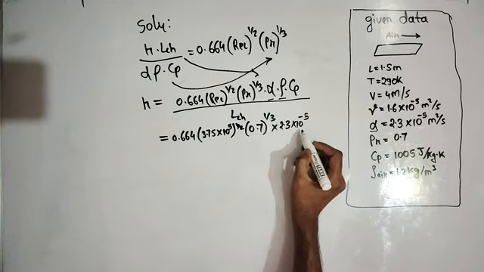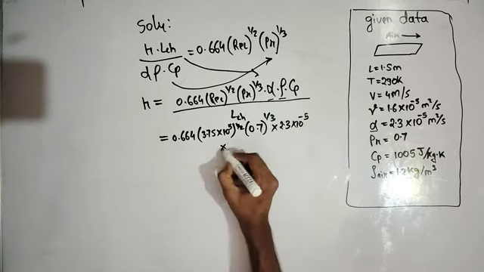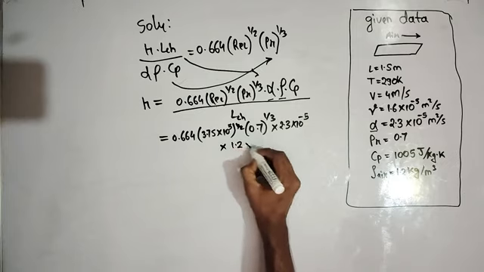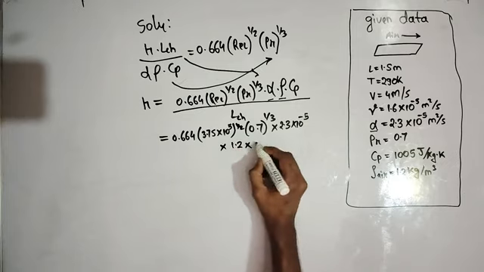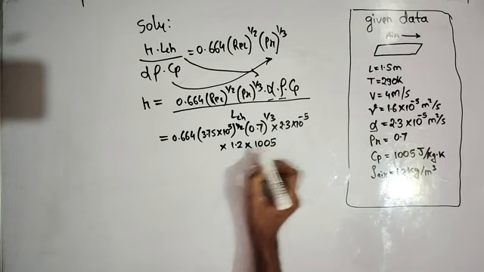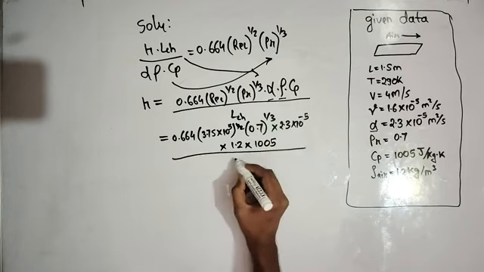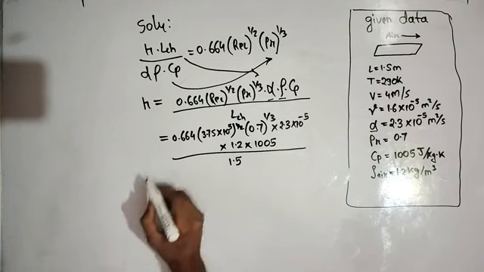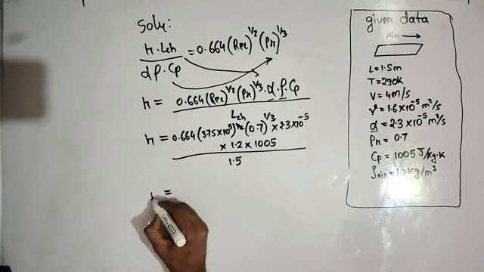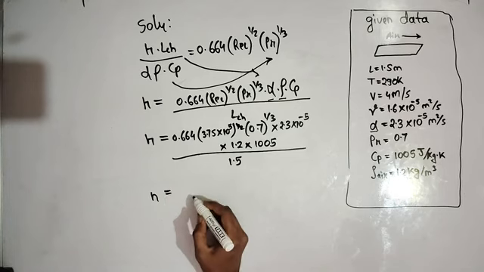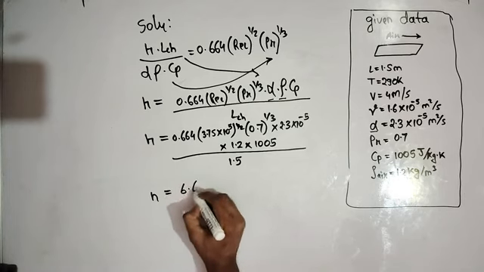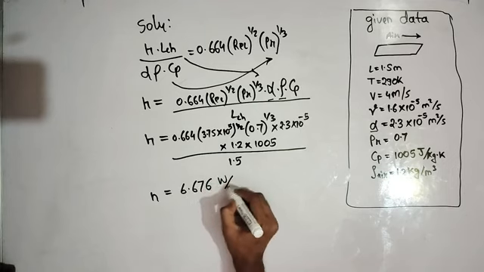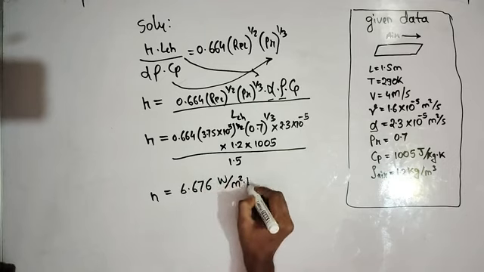This is thermal diffusivity, into density, which is 1.2 kg per meter cube, and Cp is given as 1005. This whole is divided by length, which is 1.5. So after calculating these values, we get 6.676 watt per meter square Kelvin.